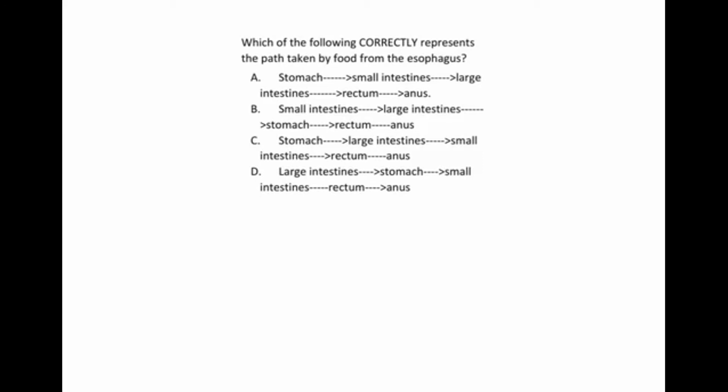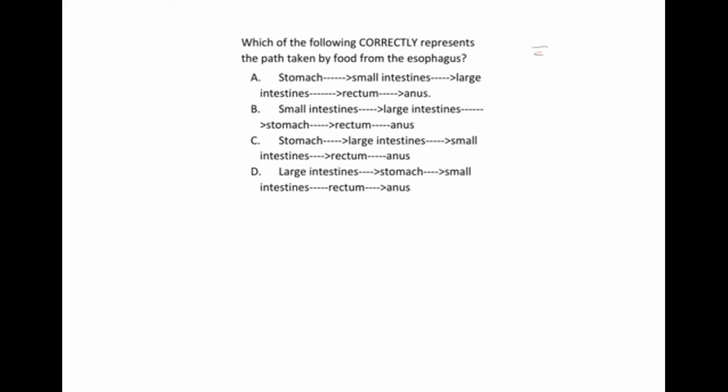Which one of the following correctly represents the path taken by food from the esophagus? For us to answer that question, we need to have a short diagram of the alimentary canal, because the alimentary canal is made up of several parts.